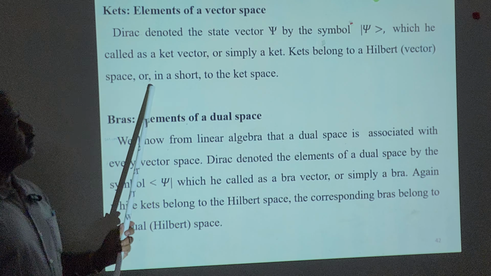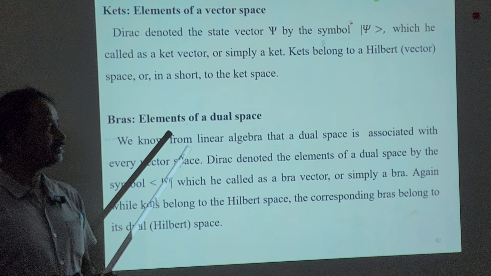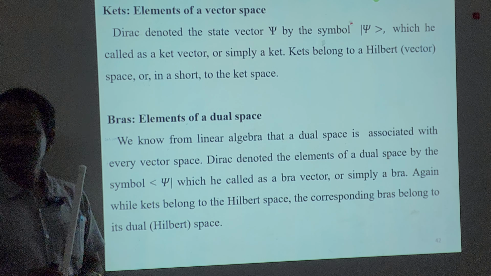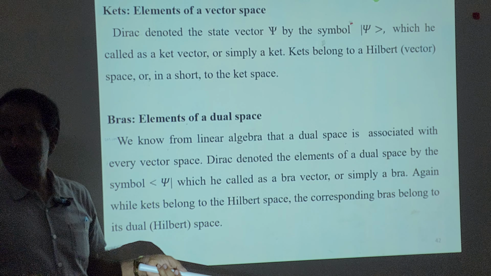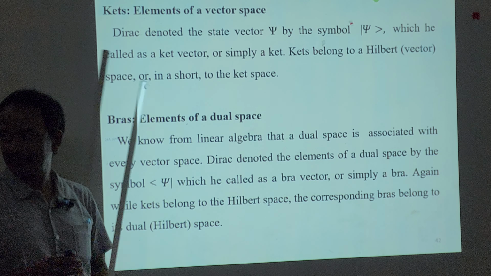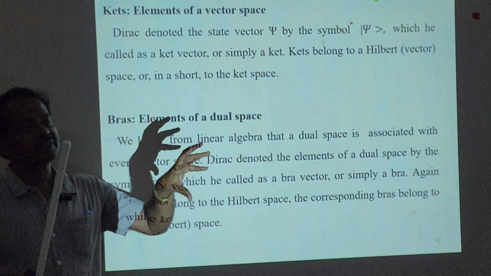Similarly, bra space. We know from linear algebra that a dual space is associated with every vector space. Whenever there exists a normal vector, we can take the complex conjugate of this vector. For all ket vectors, there will be bra vectors. So they are all conjugate to each other. For example, you have a ket vector.